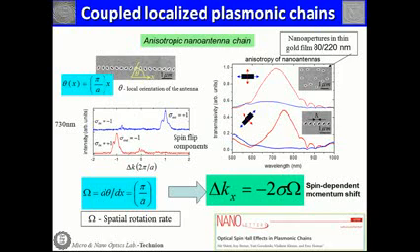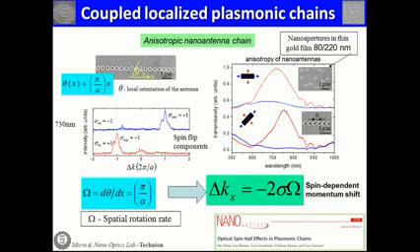As you can see, the scattering polarization follows the short axis of the nanoantenna. Then we formed coupled anisotropic nanoantennas in a specific direction, and we observed here that the polarization of the scattered wave follows the short axis of the nanoantenna.